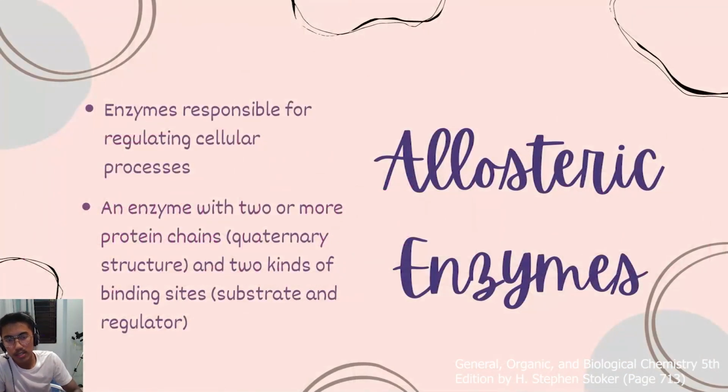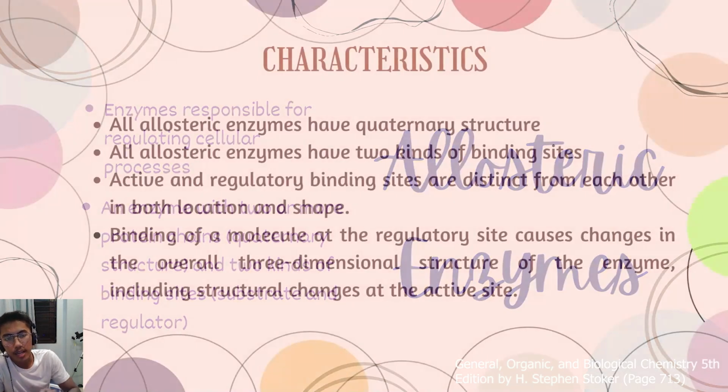So let's go to the allosteric enzymes. Just what I said, these are enzymes that have, first, let's define their characteristics. They are protein chains with quaternary structure, and they have two kinds of binding sites: substrate and regulator. The next slide.